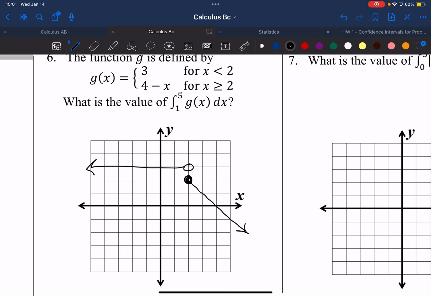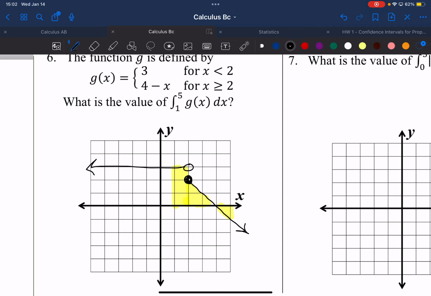Once we graph the piecewise function, we're going to highlight the area that they want us to find, which is 1 to 5. So that's this whole space and then this little space down here. Even though we have a jump right here at 2, we are still going to use the space between the jump as part of our area.